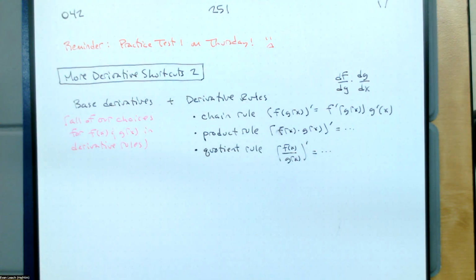I call them base derivatives. I didn't know what else to call them. These are all the choices of things that we're going to use, the ingredients that we put into the chain rule, product rule, quotient rule.